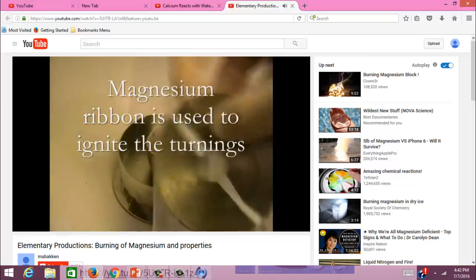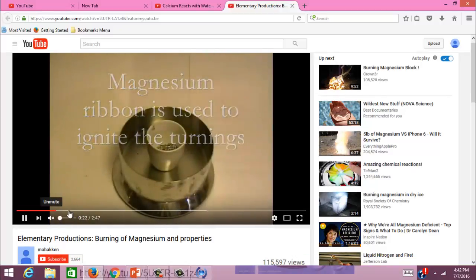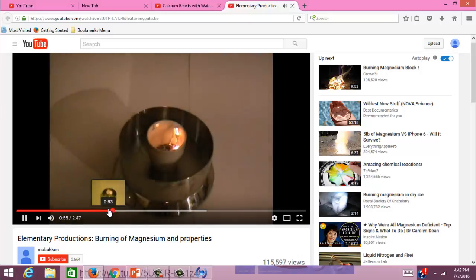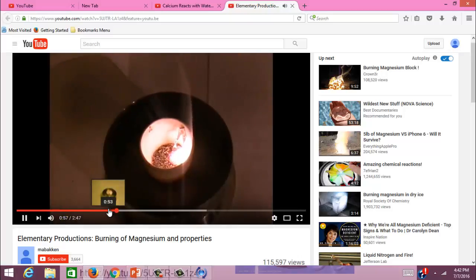And there's some magnesium ribbon just to get us a little fuse there. And then we're applying some heat, and once it gets started, you're going to see that it burns with a very white flame here. Instead of orange like sodium, it is white. And so it's kind of cool. This is what's found in sparklers in fireworks.